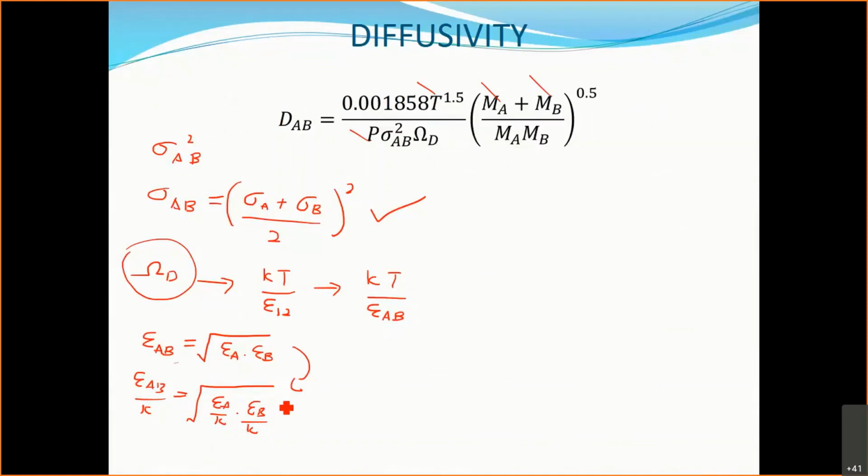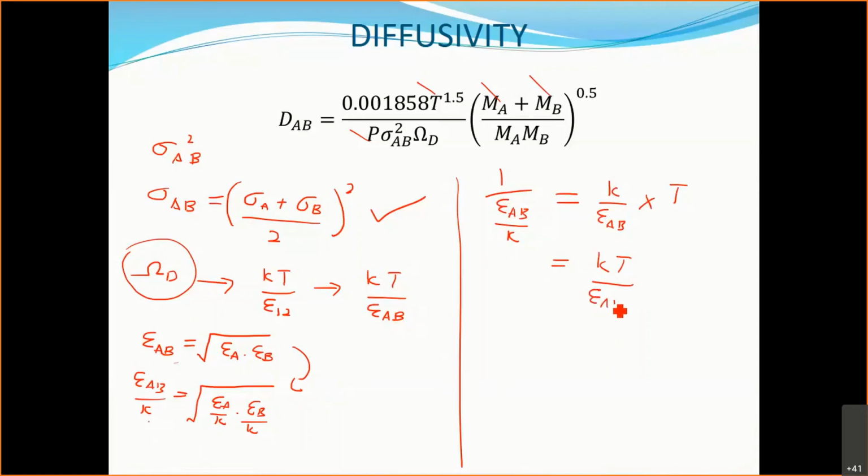So after I've gotten this value, I just take 1 over epsilon AB over K. I just invert the value, so I get K over epsilon AB, and then I can just multiply by the value of temperature in Kelvin. So I will get KT over epsilon AB.